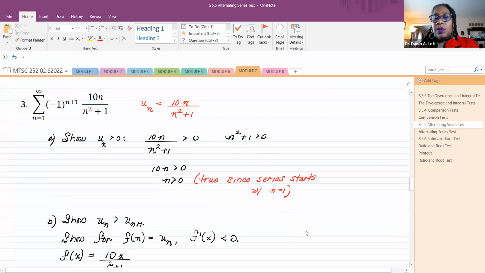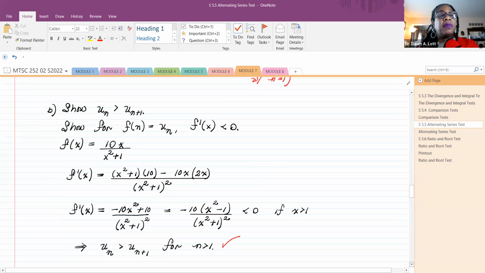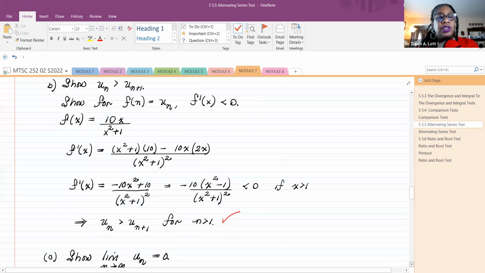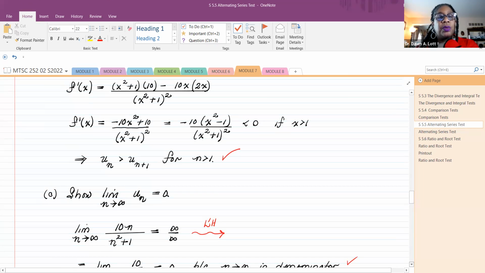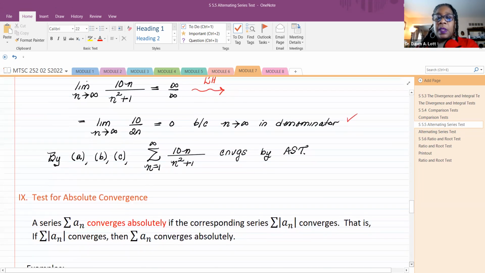We took the derivative and showed that the derivative of the function was negative, which meant we had a decreasing sequence of terms. And then we showed the limit went to 0. And so therefore, this one converged by the alternating series test.